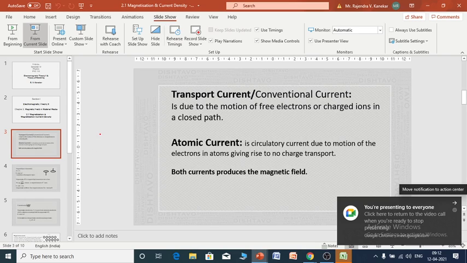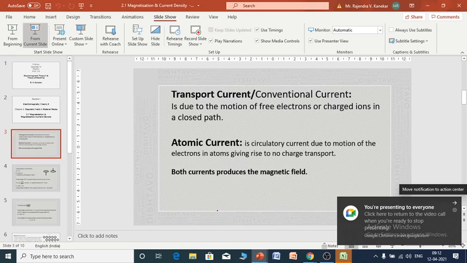Then we have gone to the magnetization current density, which is equivalent to the transport current density. Afterwards we'll show that magnetization current density is the curl of magnetization.